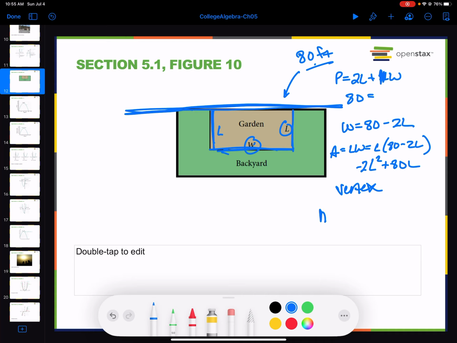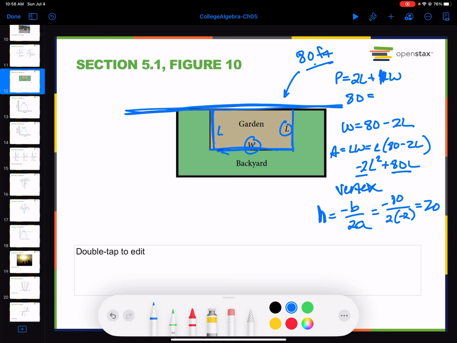So H, I don't know if you've seen this formula before, but H equals negative B over 2A. Our A is negative 2, and our B is 80, and we don't have a C. That's no problem because we're not talking about a C in this case. So it's going to give us a vertex at 20.